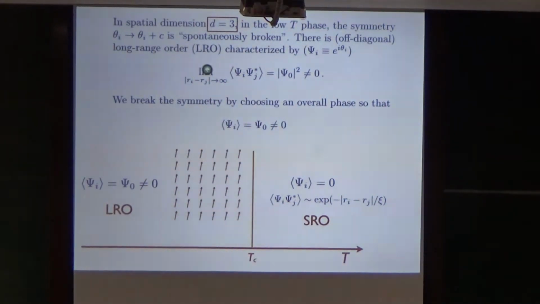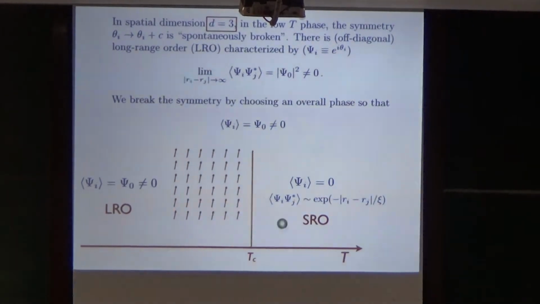But more precisely, the statement is that the spin correlations, where psi is e to the i theta, go to some constant even when r_i and r_j are well separated. This is the basic statement of off-diagonal long-range order or Bose condensation, and it's convenient to fix the phase to have some value so that even a single field operator is condensed. So that's the low temperature behavior, and that's what we call long-range order.